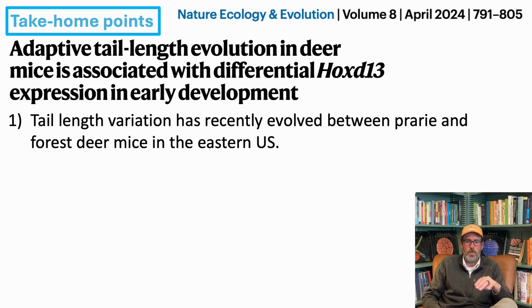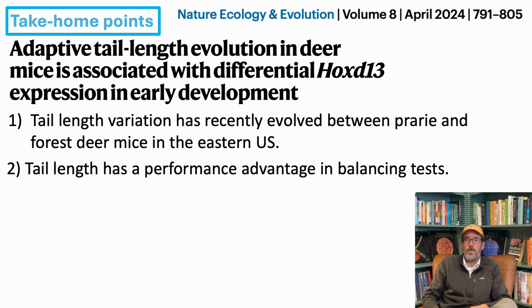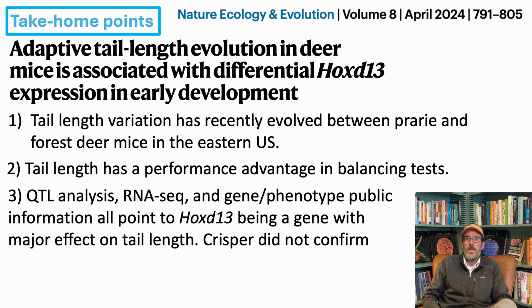This wasn't new to this paper. There's been a long series of observations since the 1910s, 20s, showing that these forest mice have longer tails. And it's clear from this paper and other work that tail length has a performance advantage in balancing tests, so longer tails are better for getting across twigs or in this kind of test that they did.